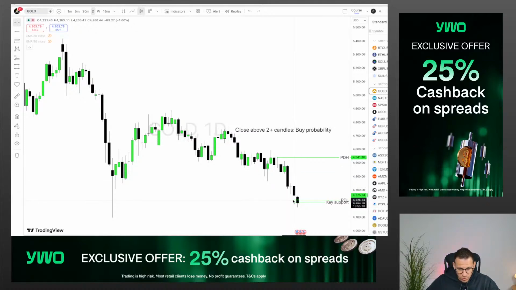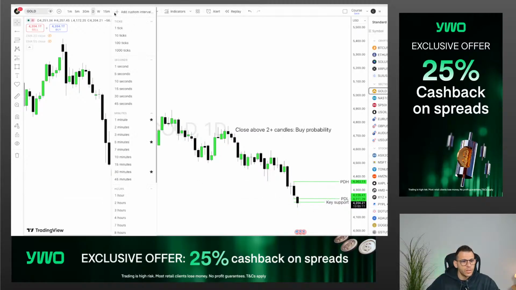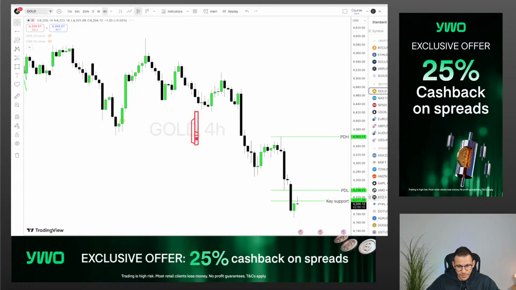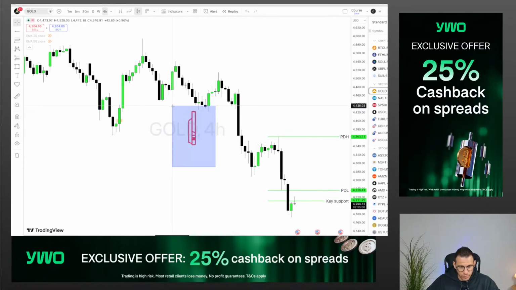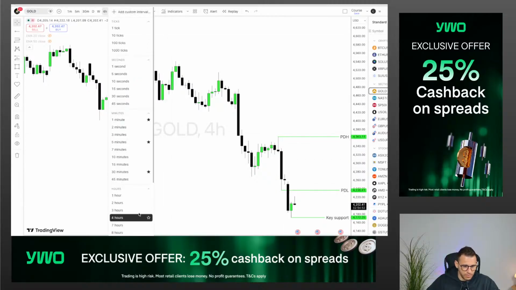Previous day's low and previous day's high. 4 hour. Previous day's low, previous day's high. On the 4 hour, we have a key support there. The market is super bearish on this one.